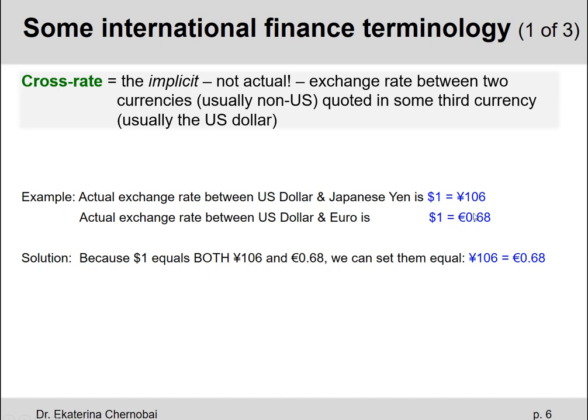So we need to write something like 1 yen equals this many euros. Or we may want to write it as 1 euro equals this many yen. So how do we do all that?